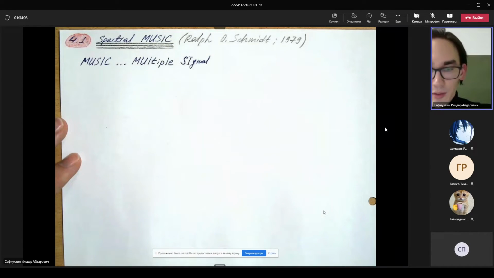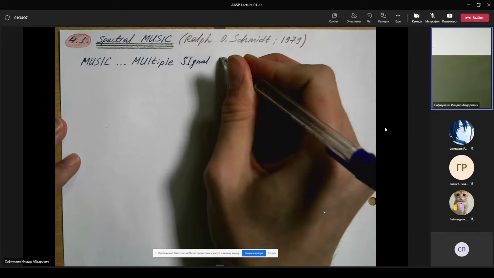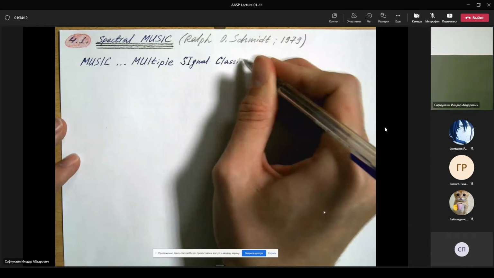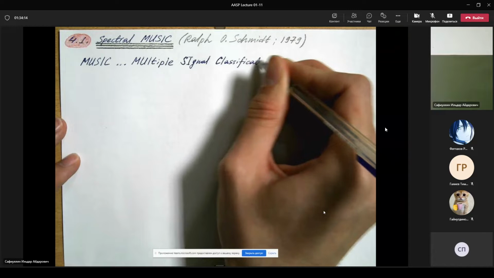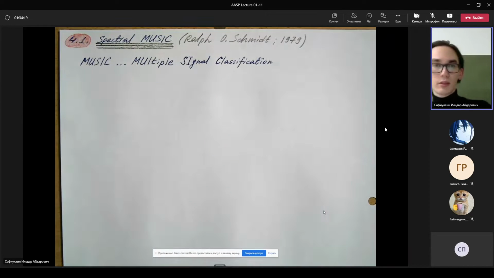And the last one is classification, capital C. Multiple signal classification.